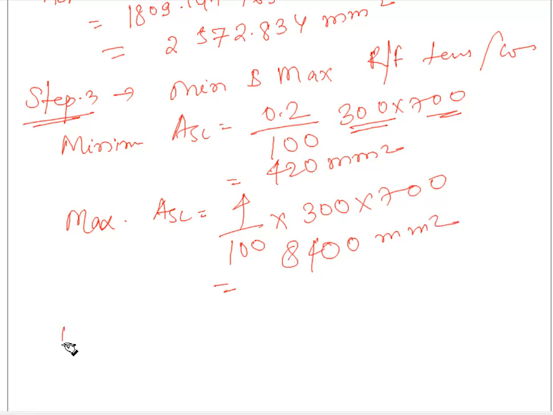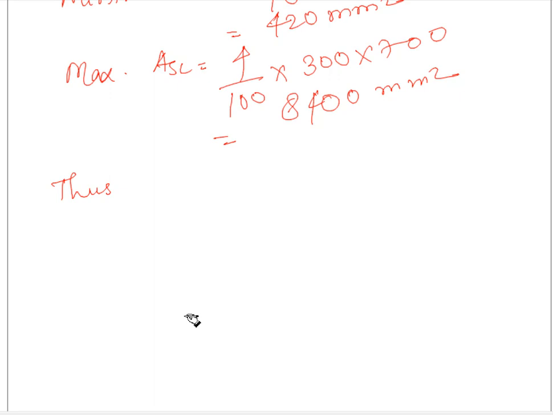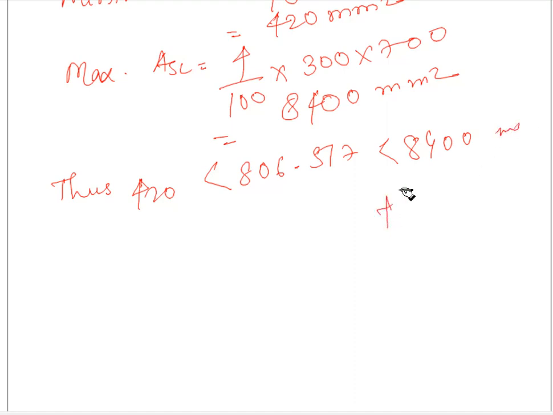Thus our reinforcement for ASC, which we calculated as 806.517, lies between the minimum and is less than 8400 mm square. Hence, okay. This was for compression.